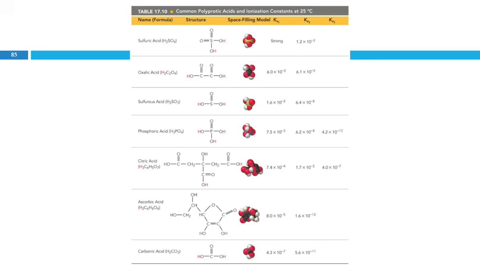Because sulfuric acid, the first hydrogen ionizes completely. The second one is a weak acid, and so it has an equilibrium constant. Phosphoric acid, you see we've got 3 of them. So those are some polyprotic acids and their ionization constants.